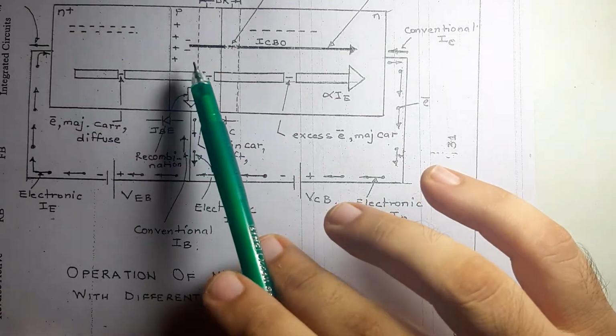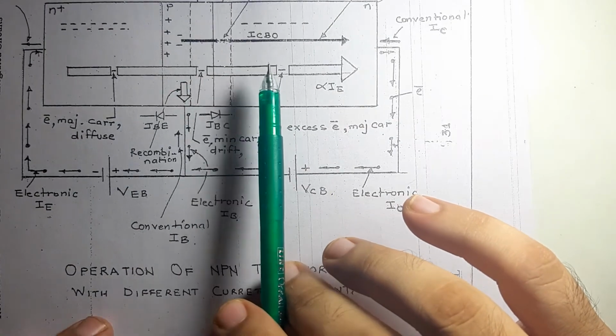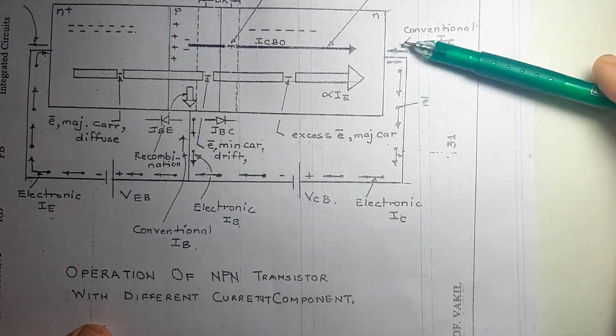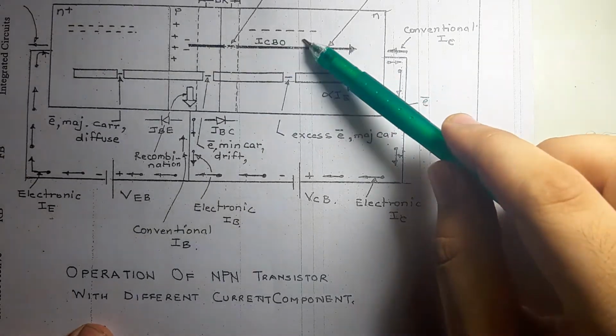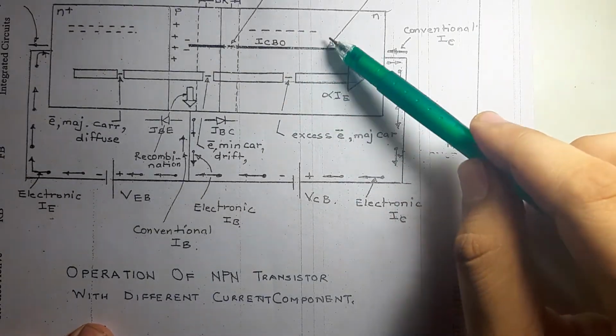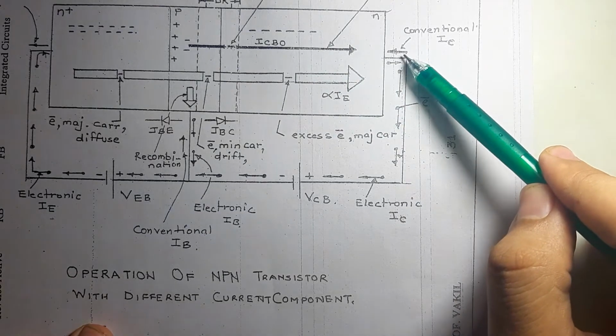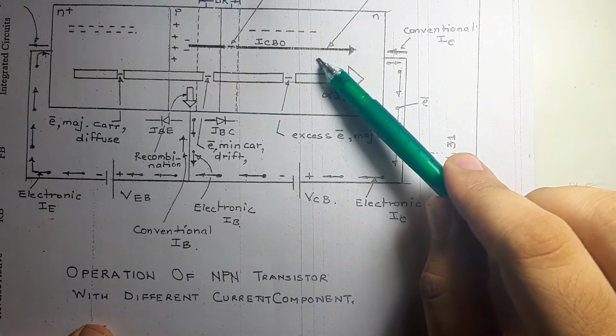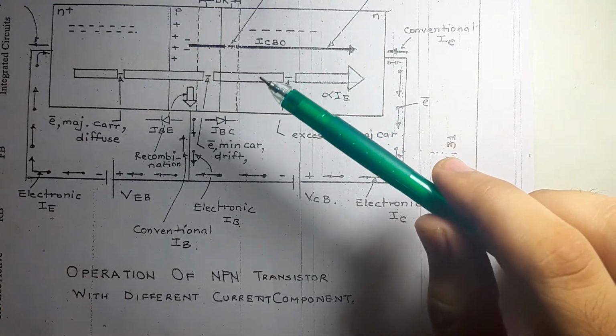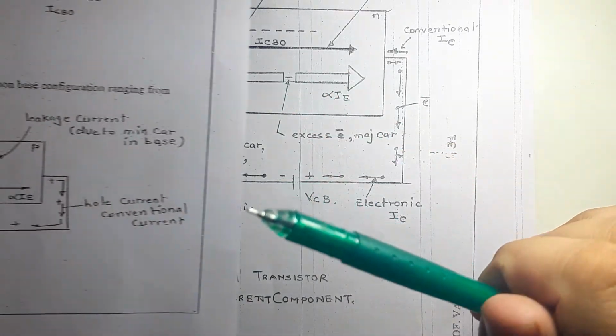Now if you look into the diagram, can I say that electrons are coming outwards over here, and these two are the supporting factors to it. So can I say my IC is equal to alpha times IE plus ICBO? I'll put it into the equation over here just now.